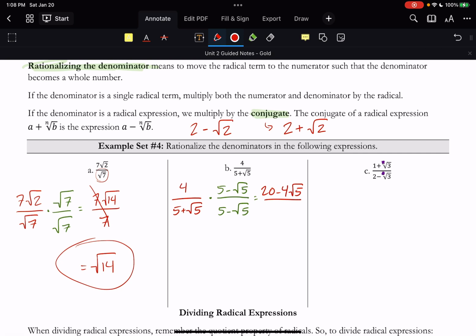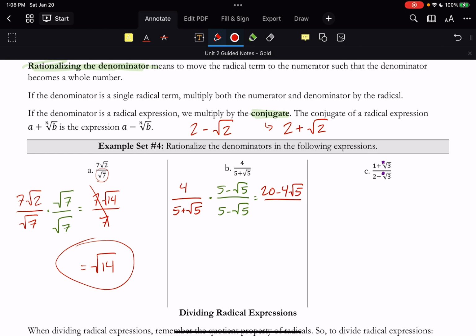And now if I look in my denominator, I have a binomial times a binomial, which is, we know, foiling. But if you remember when we worked with imaginary numbers, we were multiplying by the conjugate when we divided complex numbers by one another. And so we always got the same answer of a squared minus b squared.